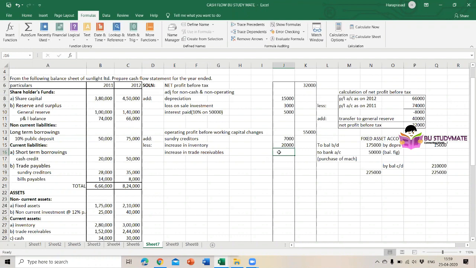How much is it increasing? Increasing by 92,000. Yeah, 92,000.